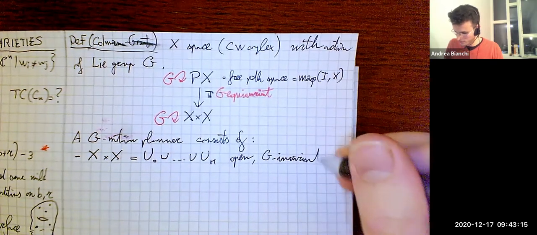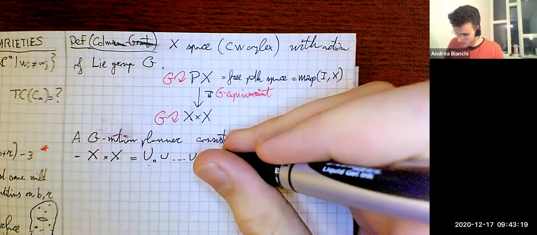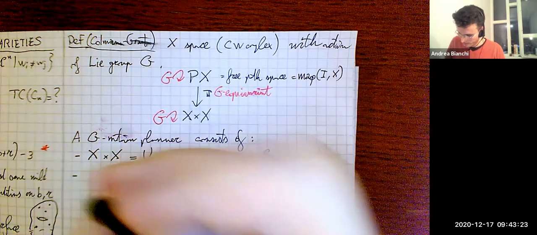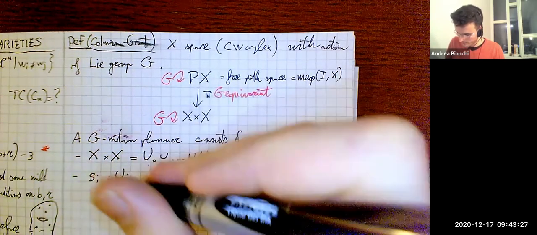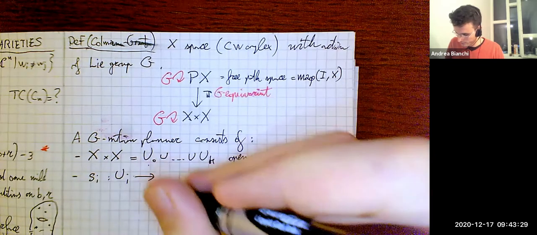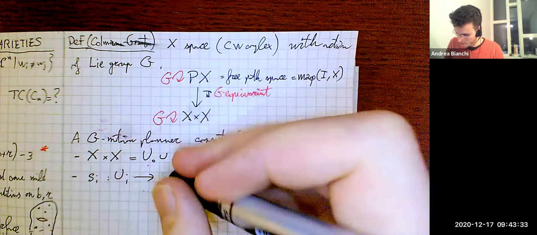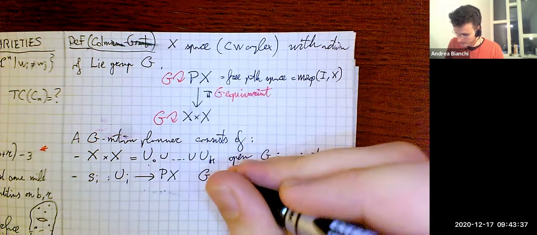So the action of G on X times X restricts to an action on each of them. And the second piece of data is to give on each of these open sets a section of the path fibration, and this must be a G equivariant section.